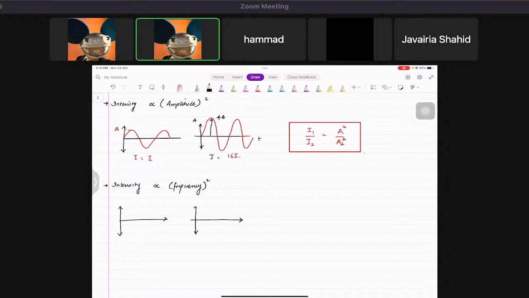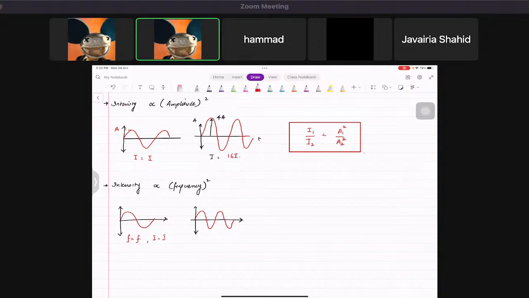What I mean by this is that suppose you have a wave that looks like this. It has a frequency of f and an intensity of I. So if you double the frequency, everything else stays the same, like amplitude.